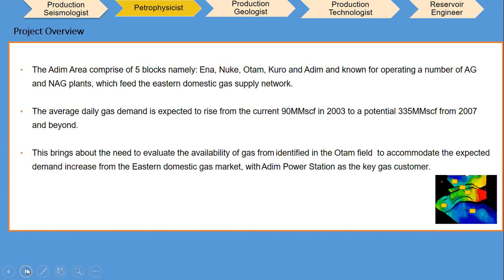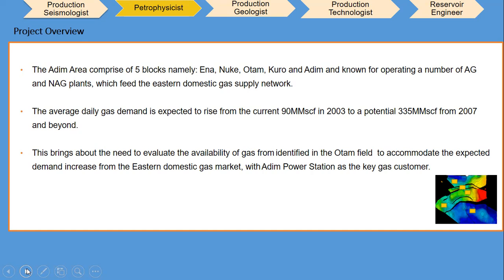The study area comprises 5 major blocks, as seen on the map by the side. Most of these blocks are the ENA, Nuke, Otam, Kuro, and Adim fields. These fields are known for numerous operations within the NAG and also the AG, that's non-associated gas plant and associated gas plant.